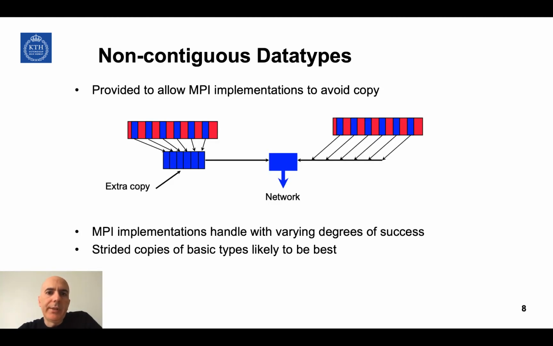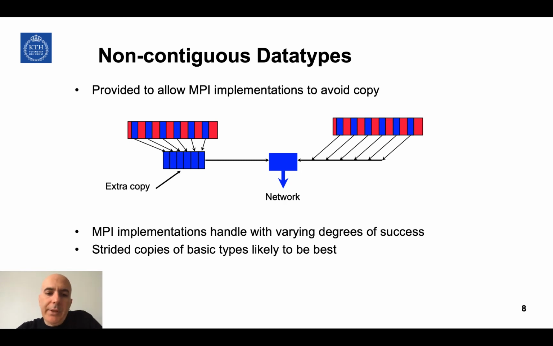So let's look at non-contiguous data types. They are provided to the user to avoid an extra copy by the MPI implementation. So instead of making an extra copy, by providing these strided values we can define the data access pattern, in this case strided, avoid this extra copy, and send the data directly to the network for the communication.